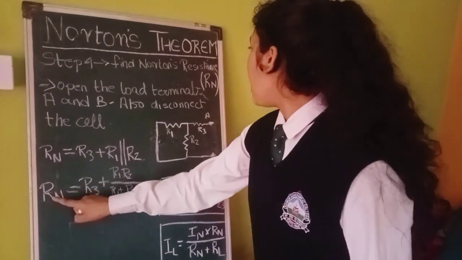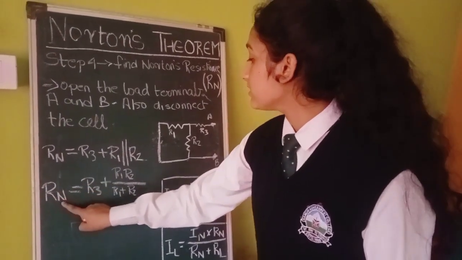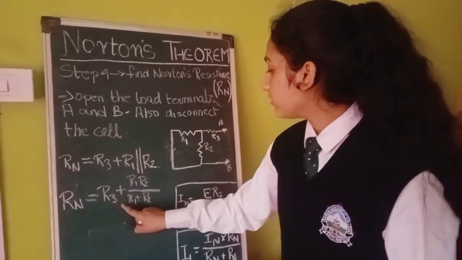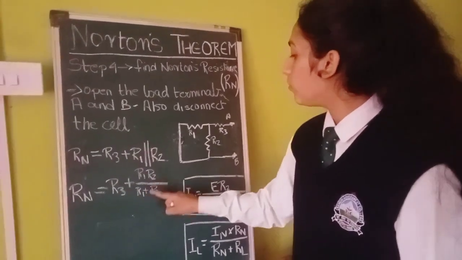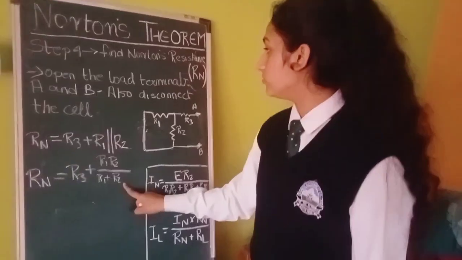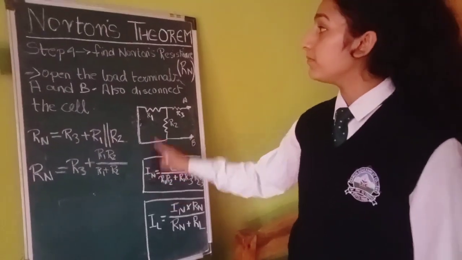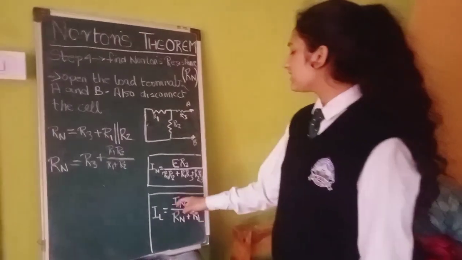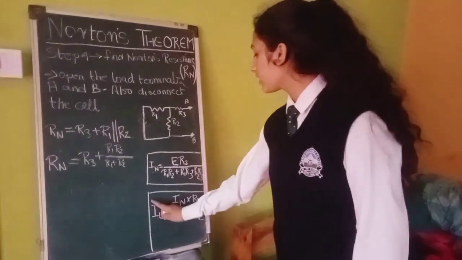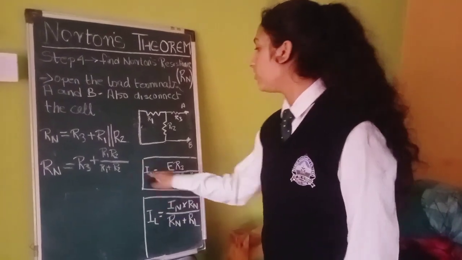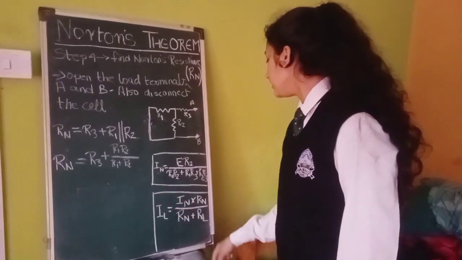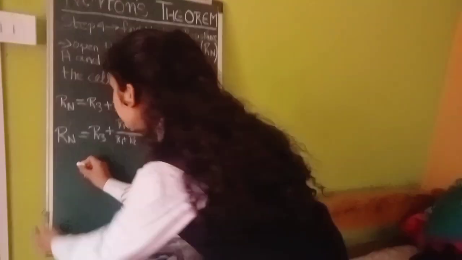Therefore, Rn, that is Norton's resistance, will be equal to R3 plus R1 R2 whole divided by R1 plus R2. So, we have already got Norton's current from step 3. So, we can easily find the value of IL by putting the value of Rn and IN in the equation. So, let's try to draw Norton's equivalent circuit.